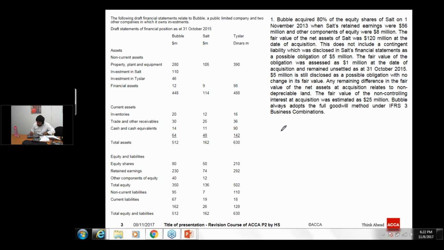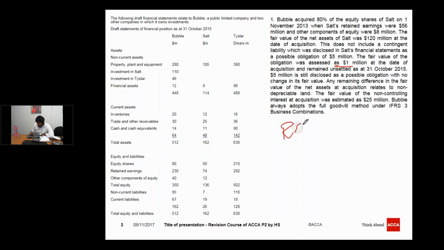As you can see here, there is a contingent liability that has a fair value of 1 million. So the accounting entry for the recognition of the contingent liability as a provision will be retained earnings debit and provision credit. That will be 1 million. So at the date of acquisition, we have to adjust the retained earnings which is included in the fair value of net assets.